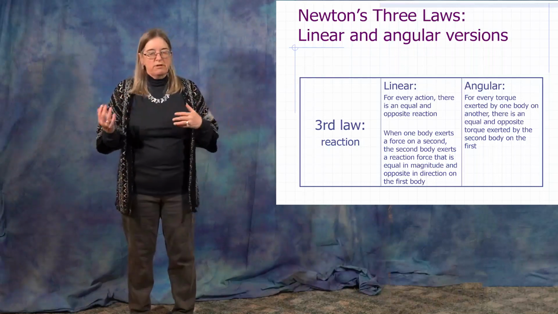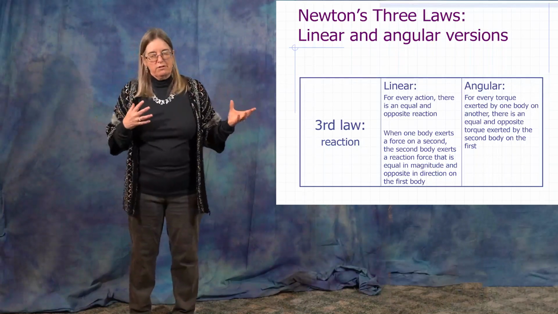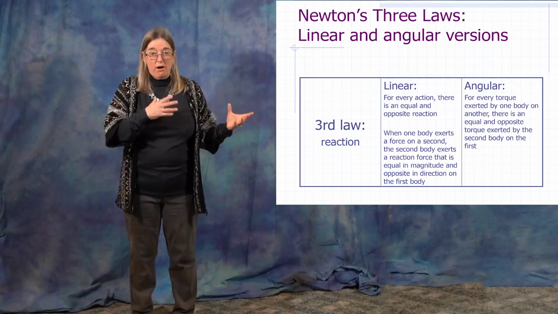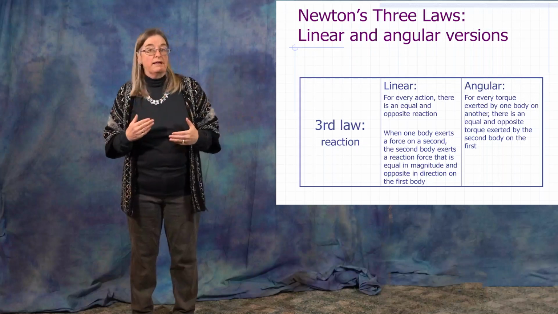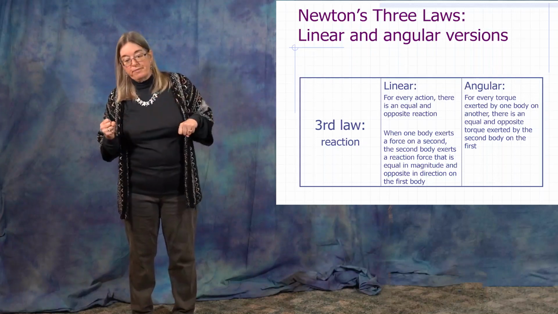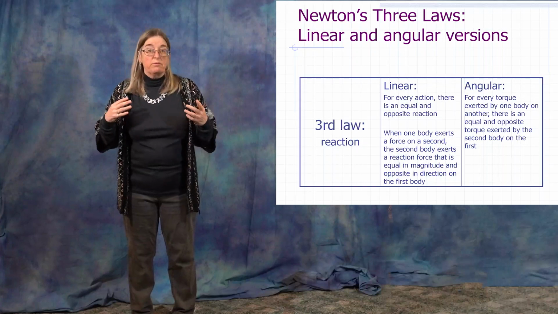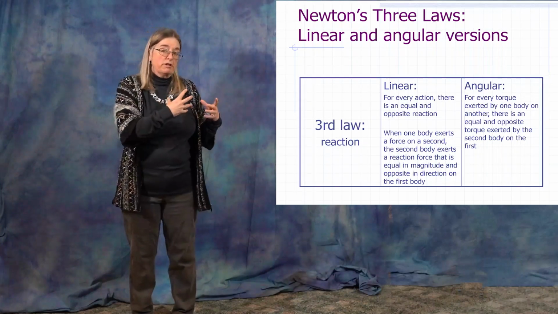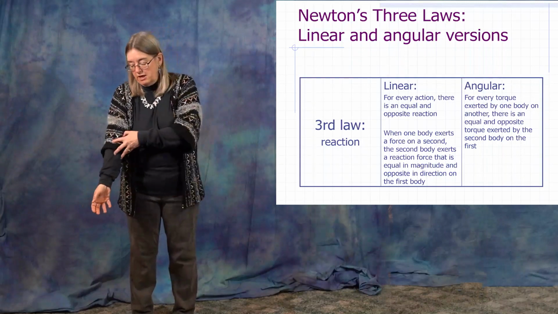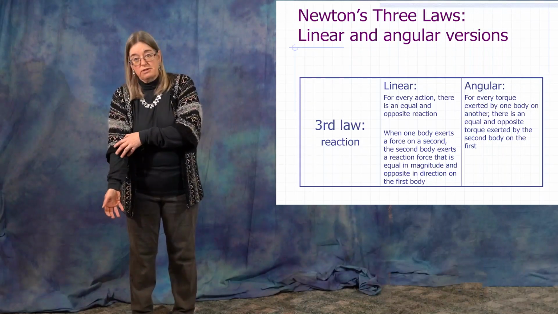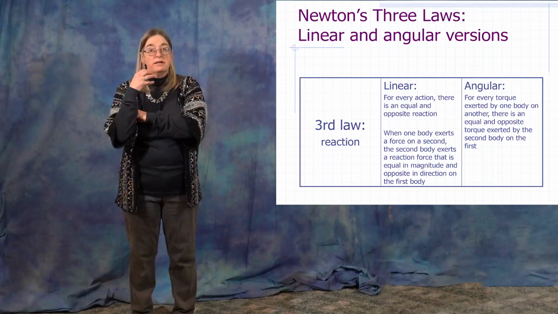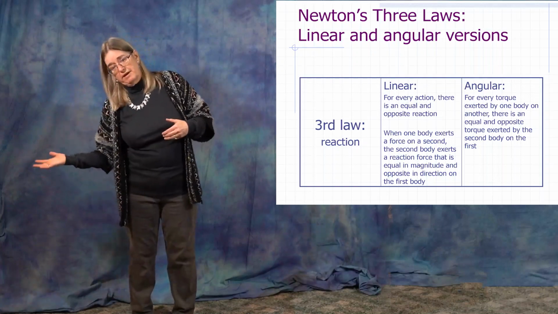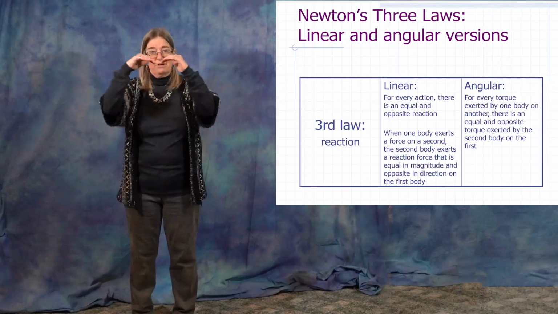And similar to linear, we also have the third law, which is for every torque, there is an equal and opposite torque. For example, and I've already hinted at it in some of our earlier lectures, if I have a torque being created by a muscle on, say, the forearm, there's an equal and opposite torque being created by the muscle on the upper arm, right?